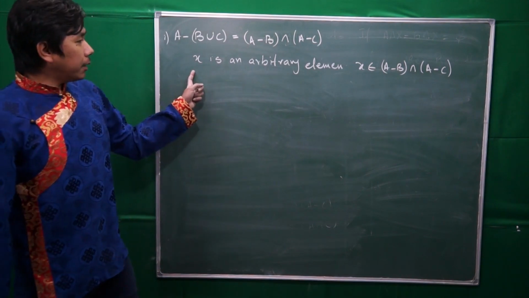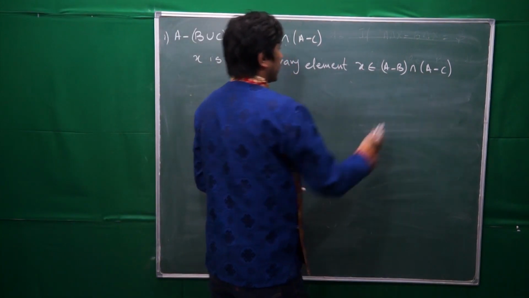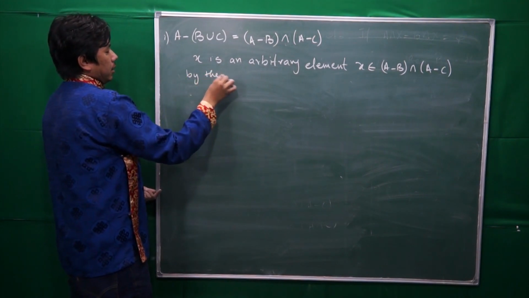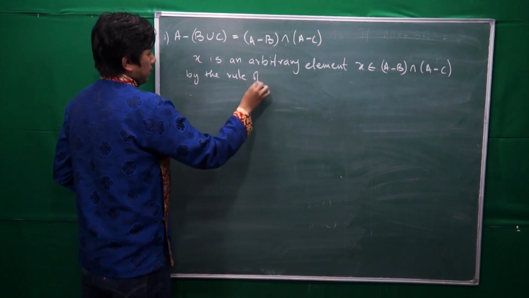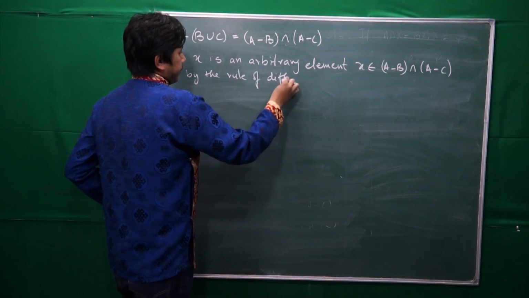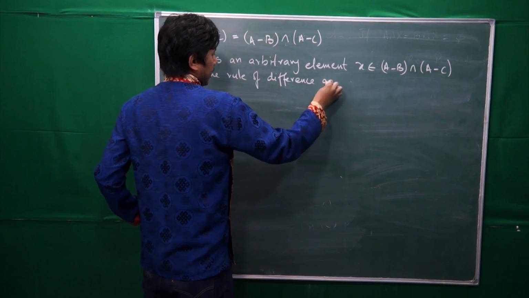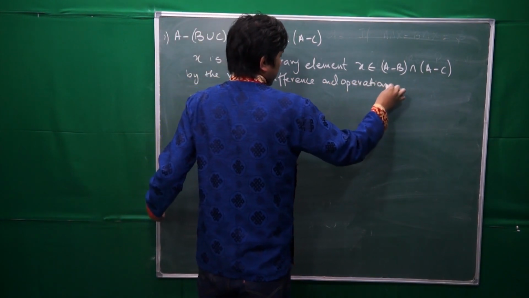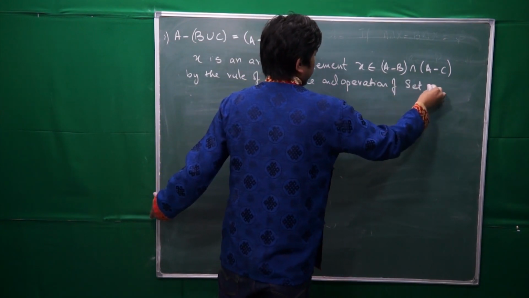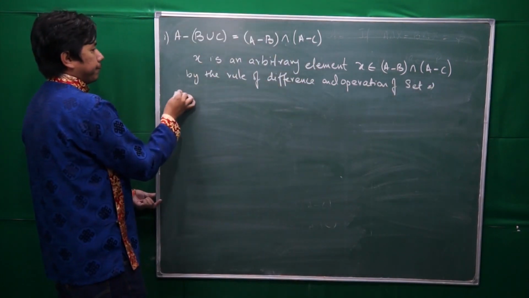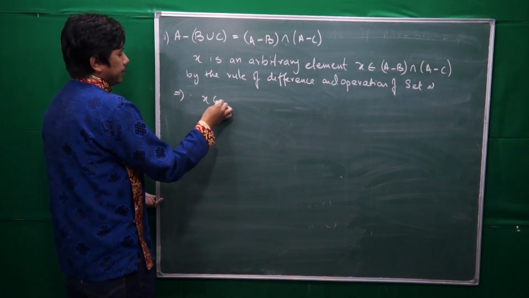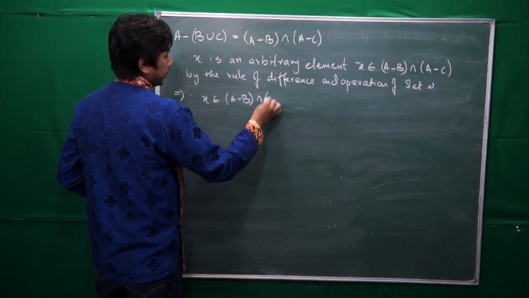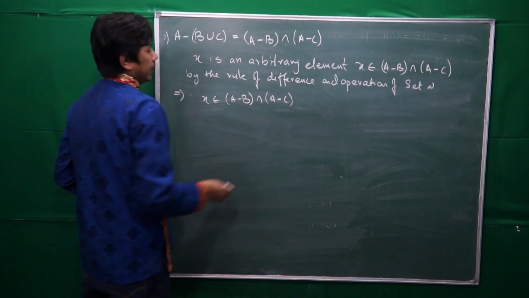Now, X being an arbitrary element that belongs to this set, so by the rule of difference and operations of set, we can write that X belongs to A minus B intersection A minus C.